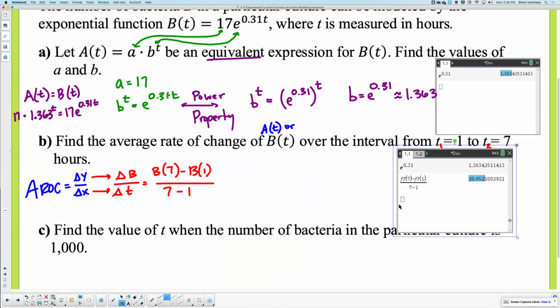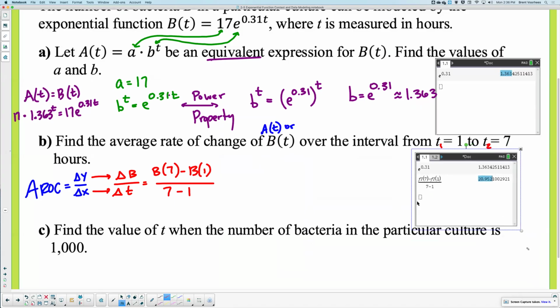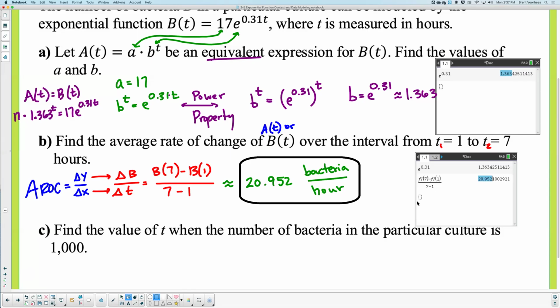So we're increasing by approximately 20.952 bacteria per hour. That's what B stood for, bacteria per hour. Because it's positive, it's increasing. So that's kind of gross. Every hour, there's 21 new bacteria. That's going to add up in a hurry.